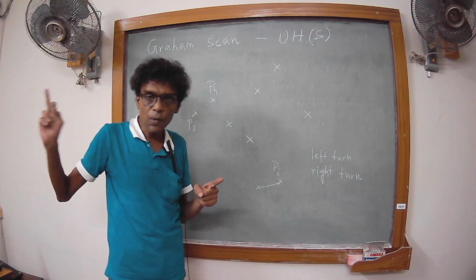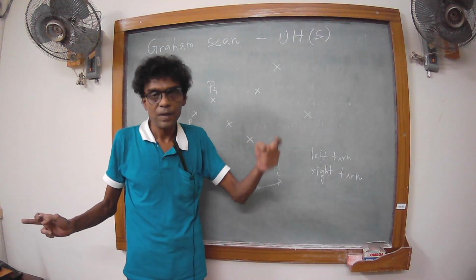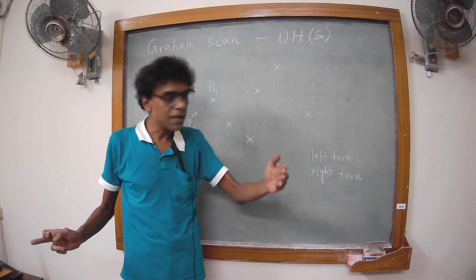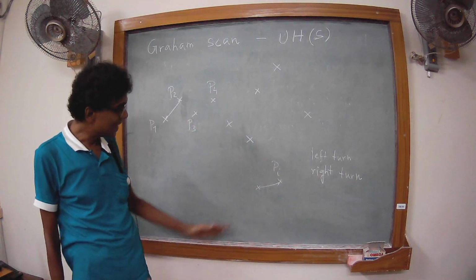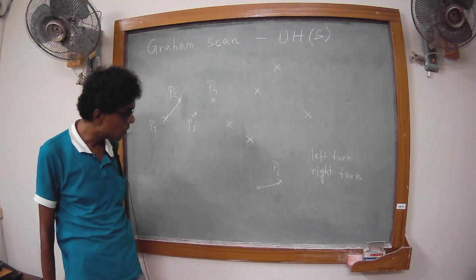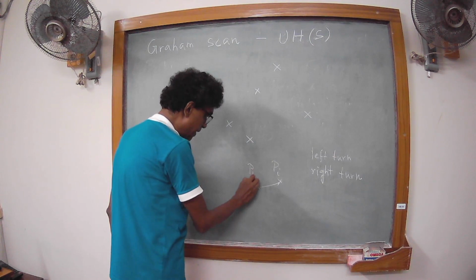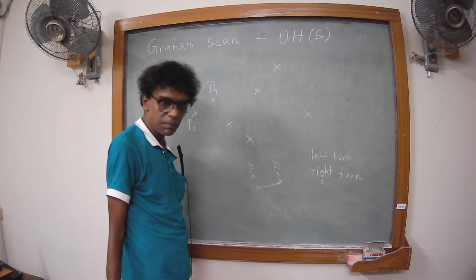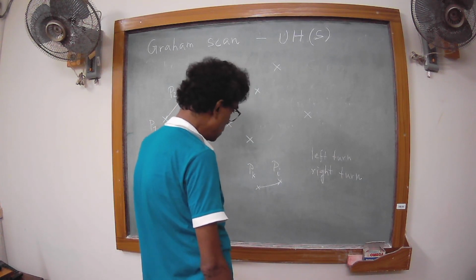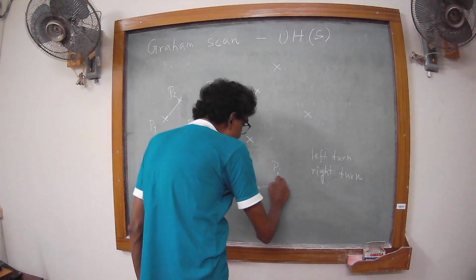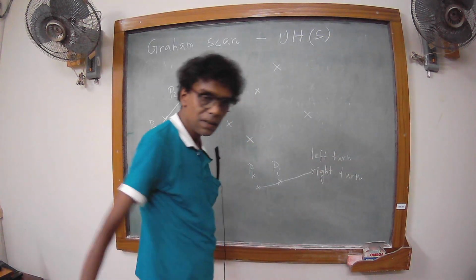P1 is the leftmost point, and at this point Pi is the rightmost point, so they must be in the hull. But later Pi may be thrown away. And the previous point can be anything smaller than Pi, say Pk, for some k less than or equal to i minus 1. Now, consider this directed or oriented line, Pk, Pi.